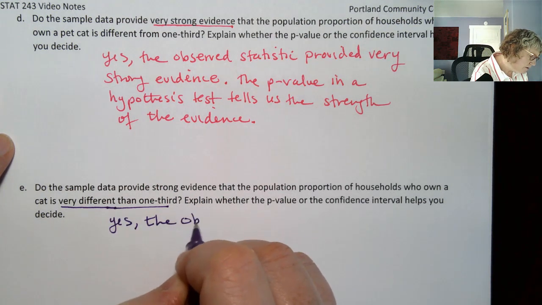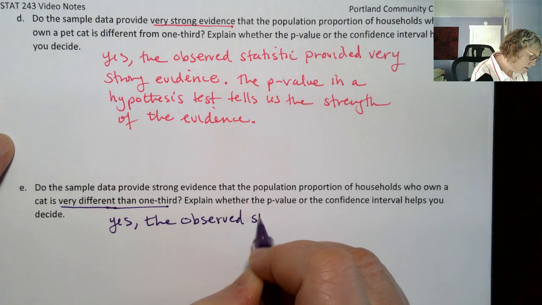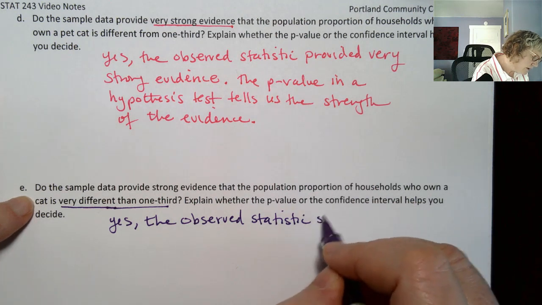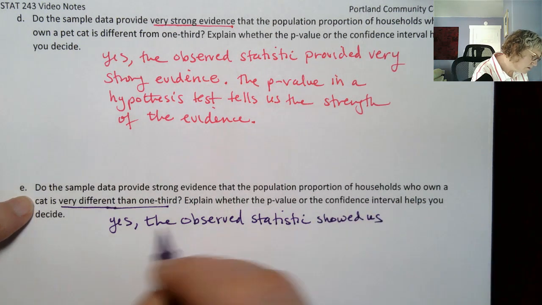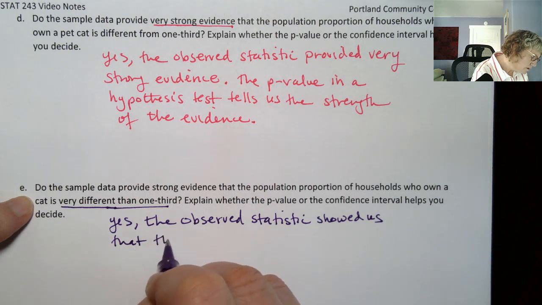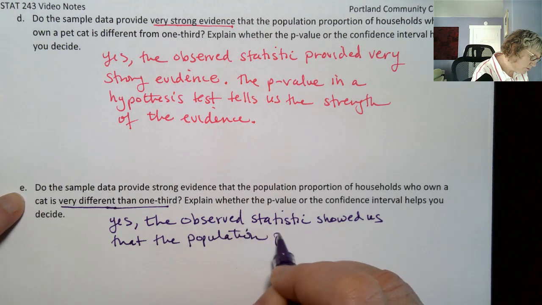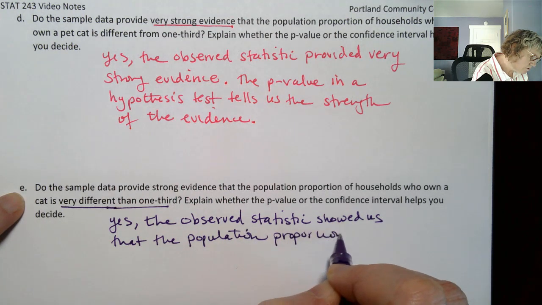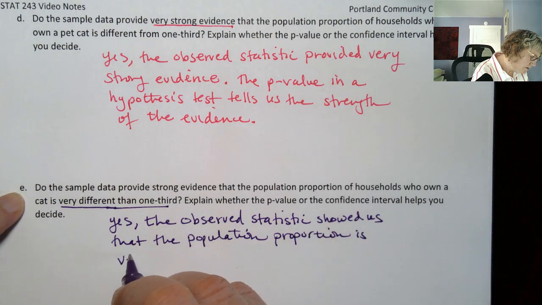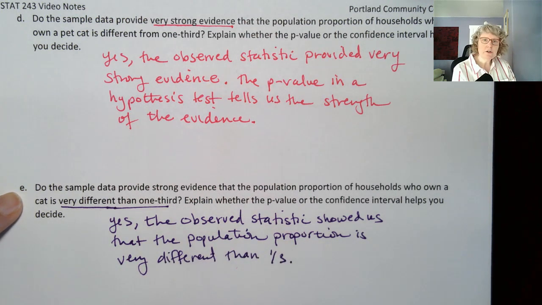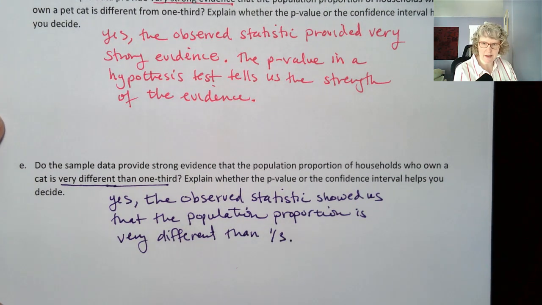The observed statistic showed us the population proportion is very different than 1/3, and which one was more useful in that, the p-value or the confidence interval?